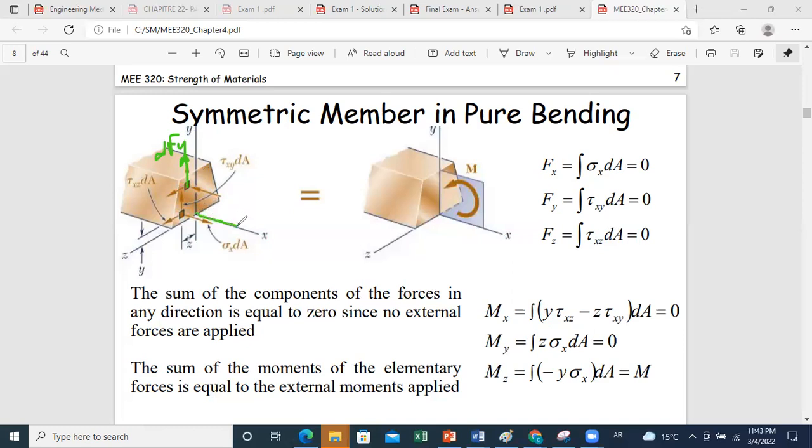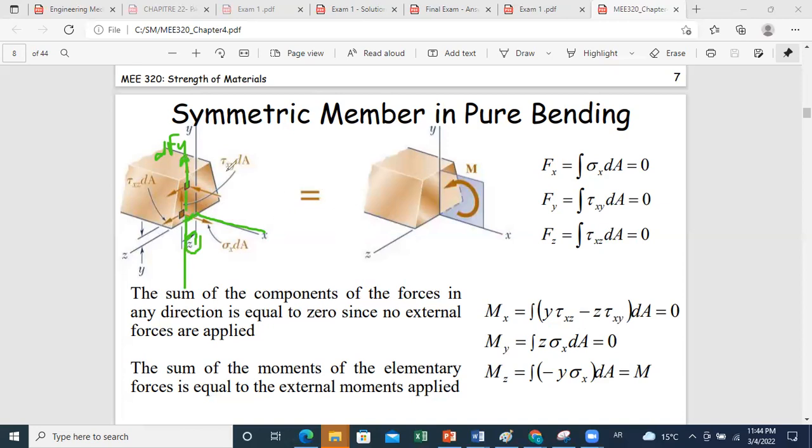Let me illustrate it. If you do the extension of the force, you will see that the distance is this distance here, which represents z of the element. So you will multiply dFy by distance z.